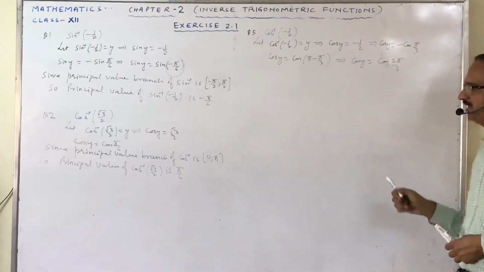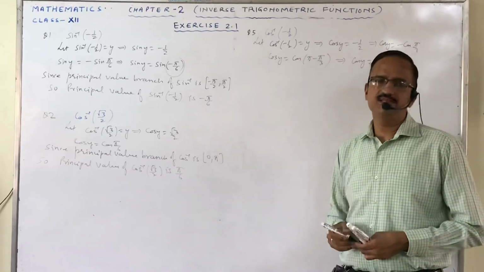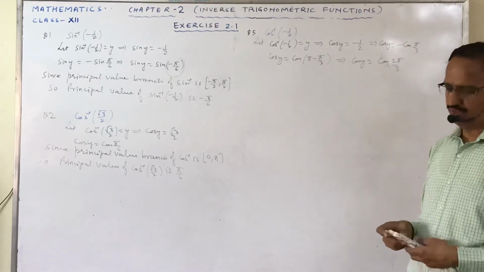And this 2 pi by 3 lies between 0 to pi, that is the principal value branch of cos inverse.